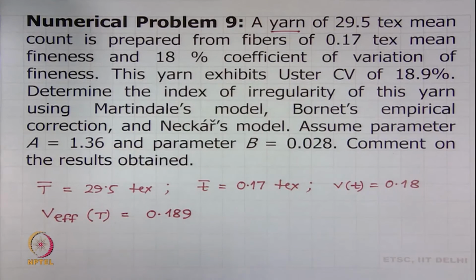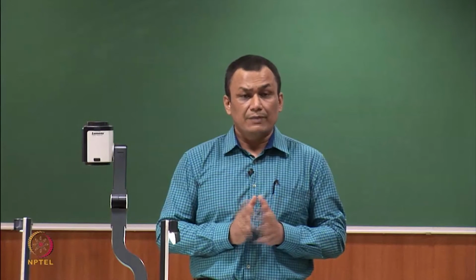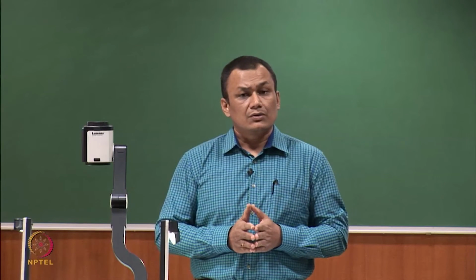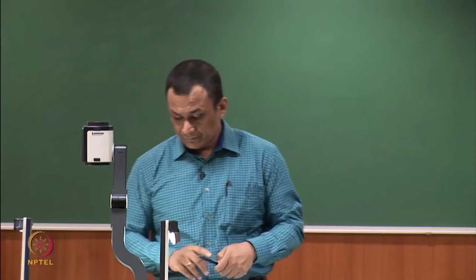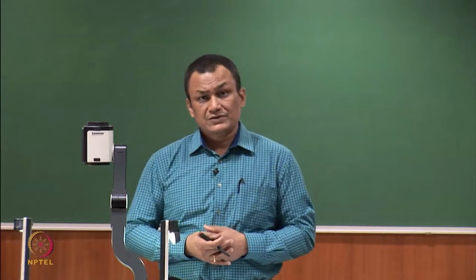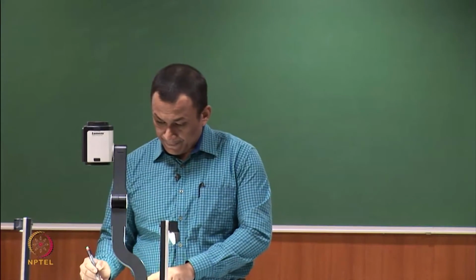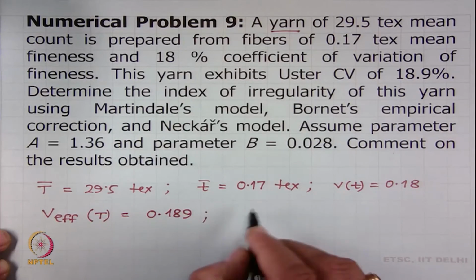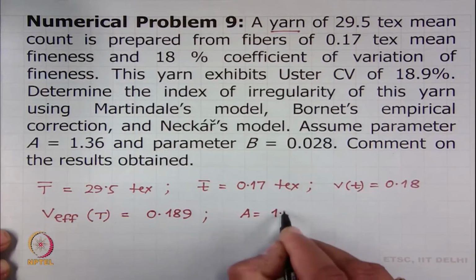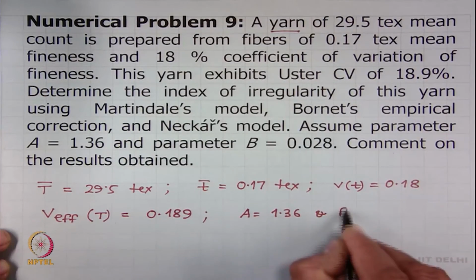As I told you earlier, all the expressions what we found for sliver are also valid for yarn. So, in practice Martindale's formula, Bornet's formula, bundle theory formula are applied in case of yarns also. So, we will use those formulas for yarn as well. Okay. And two parameters are given, A from this and B from this.